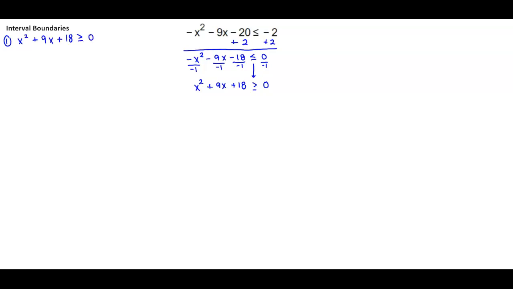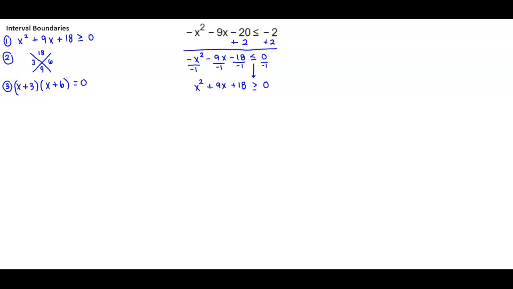When we factor, we know that 18 is the value of C, and 9 is the value of B. What two numbers multiply to get positive 18 and add to 9? Well, that's 3 times 6. So we have x plus 3 times x plus 6, and that's equal to 0.